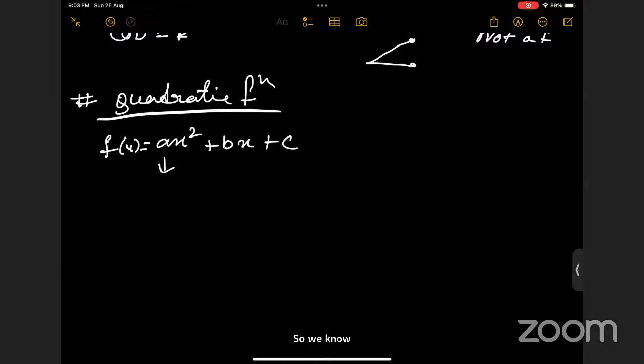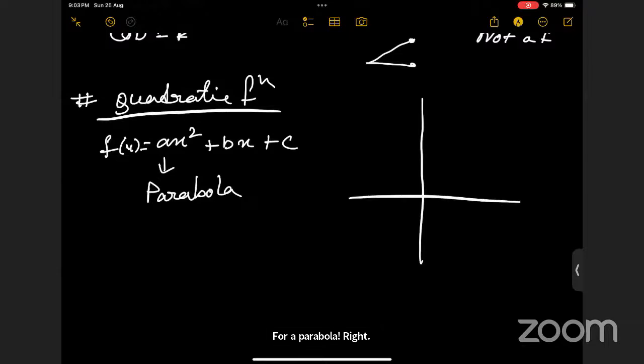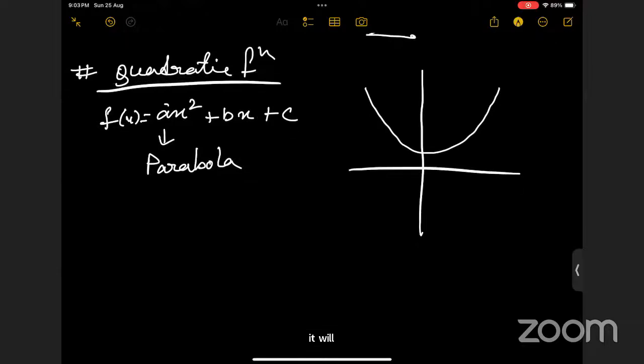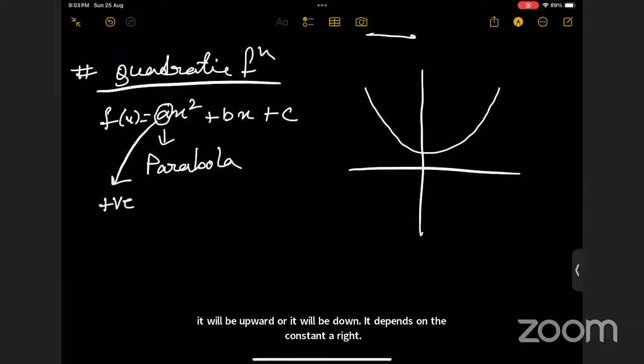This is the graph of a parabola, right? The parabola naturally looks like this, an upward parabola. Whether it will be upward or downward depends on the constant a. If a is positive, then the parabola will be upward, right?